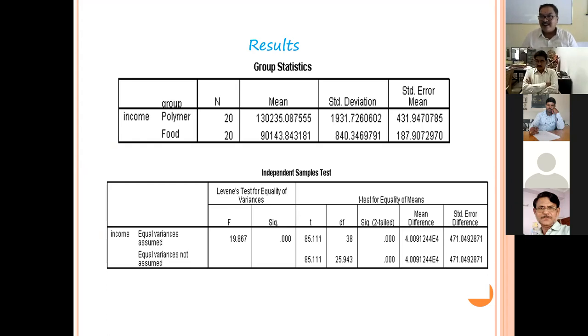Sir, can you repeat for a while? There are two batsmen, Sachin and Dravid. Both have an average of 50 runs in 10 matches.